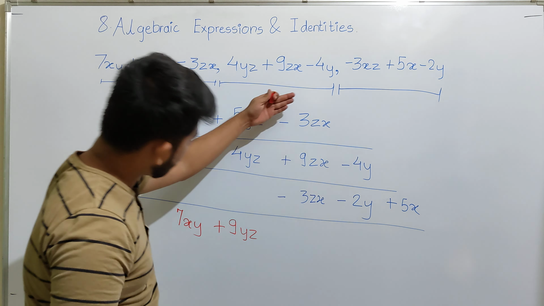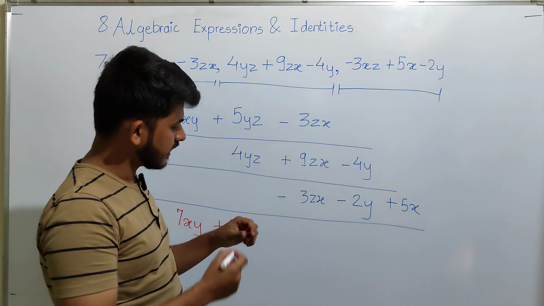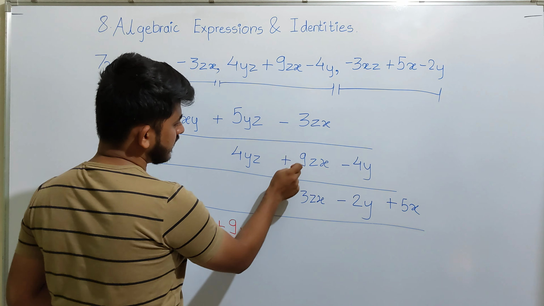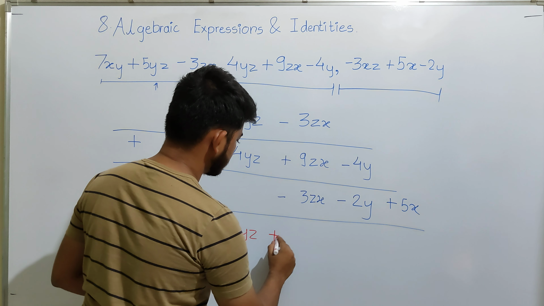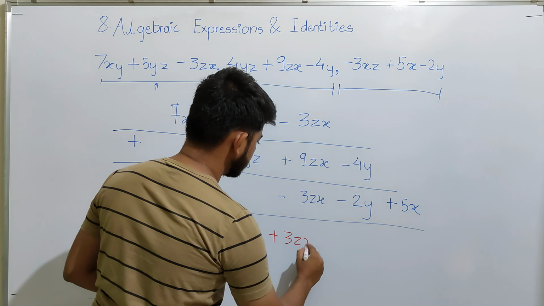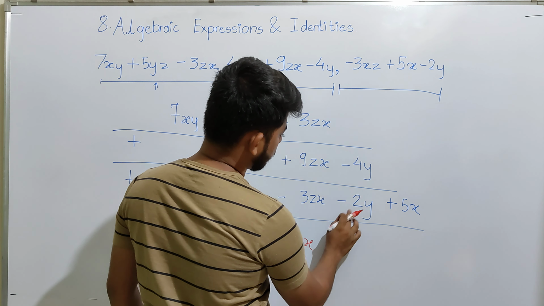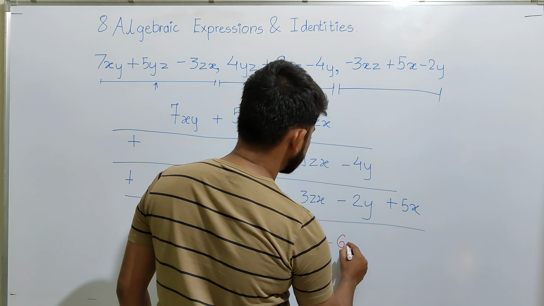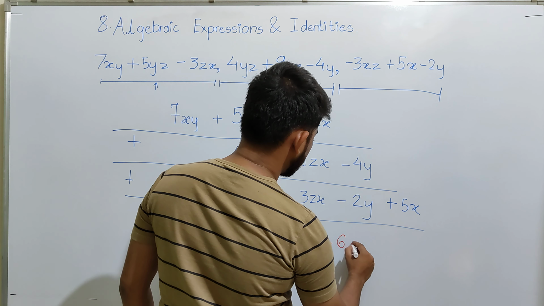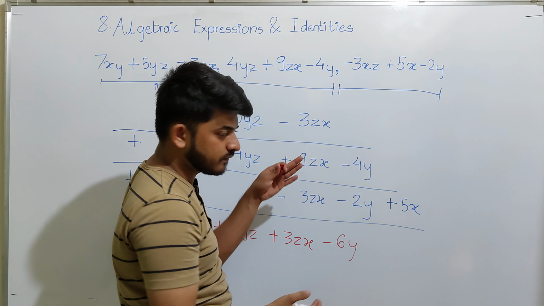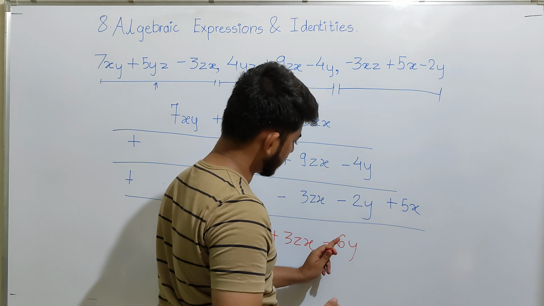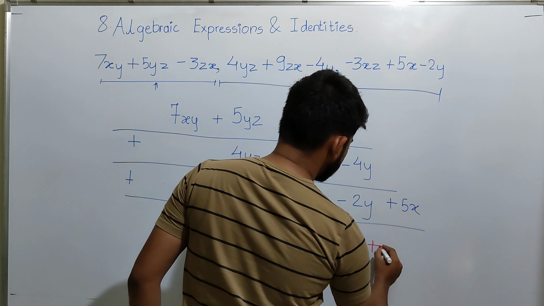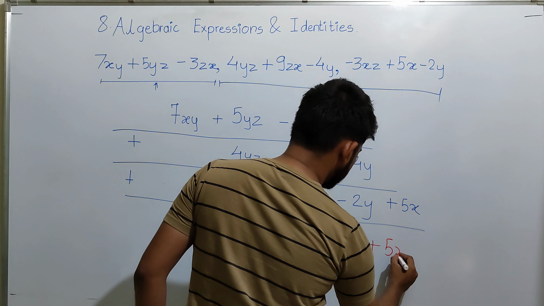Now we have to add minus 3 plus 9, 6. 6 minus 3, 3. So plus 3zx. Minus 4 minus 2, minus 6y. We are adding minus 4 plus minus 2, so minus 4 minus 2 is minus 6. And this add as it is.